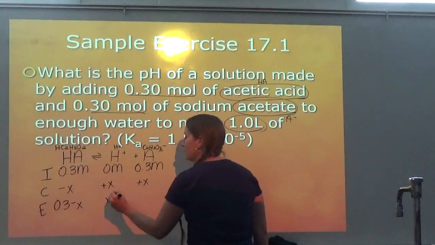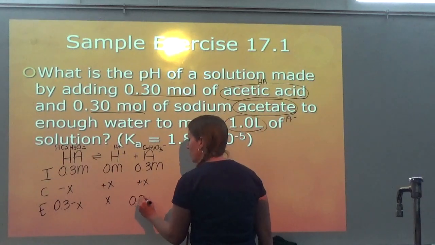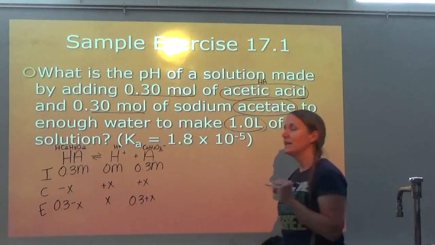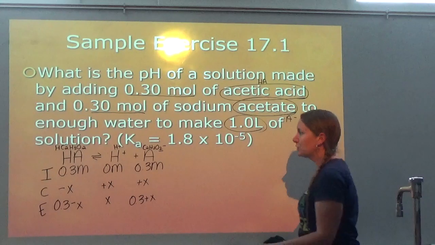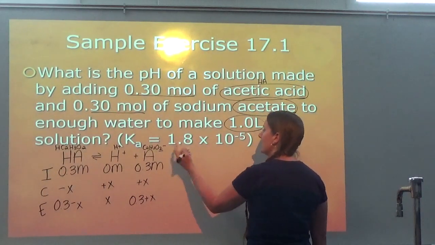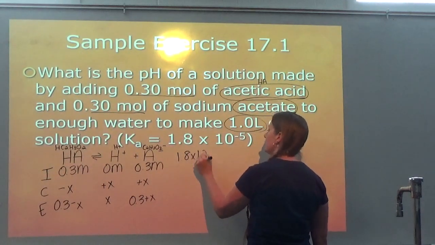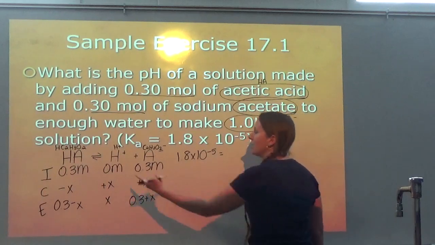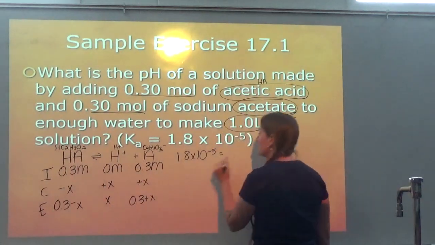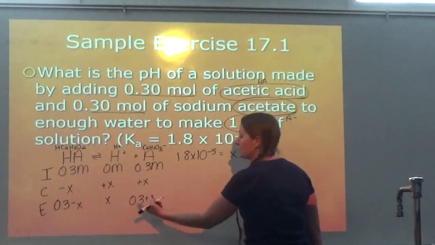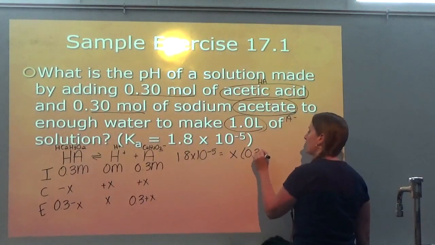So this ends up being x and this ends up being 0.3 plus x. I set up my K expression: Ka is 1.8 times 10 to the negative 5, and that equals my H plus, which is x, times my A minus, which is 0.3 plus x.